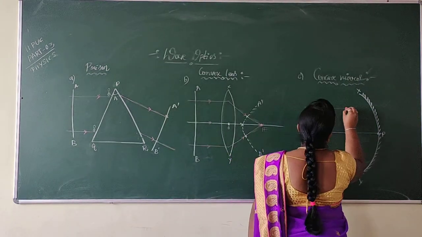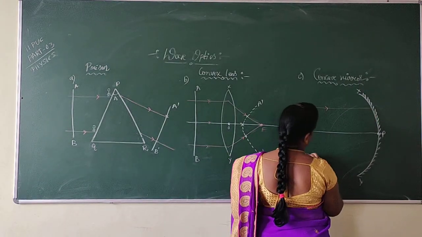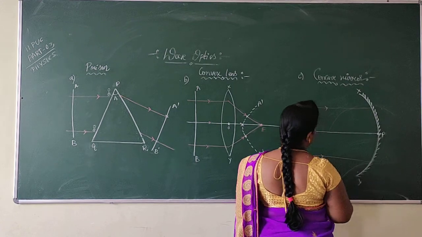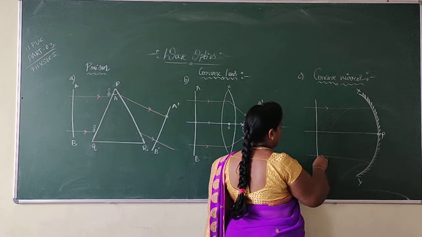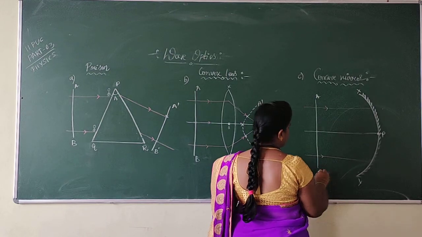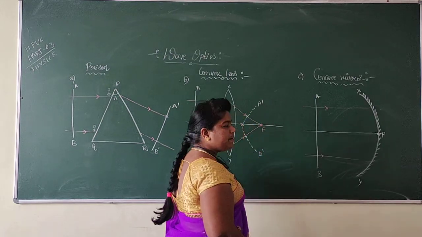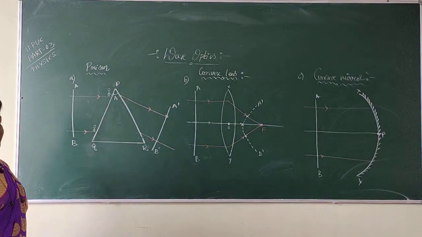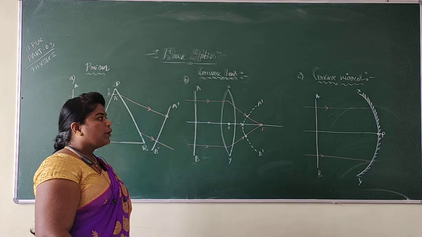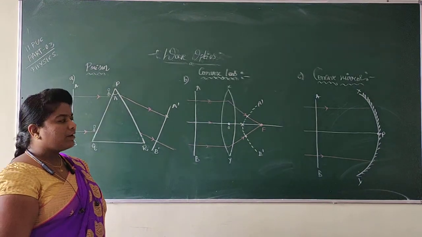It means a parallel beam of light is going to be incident on this mirror. So I am going to draw a plane wavefront with the name AB. AB is the incident plane wavefront. What happens now? My dear students, it is a concave mirror.